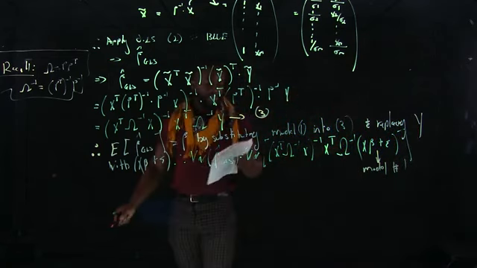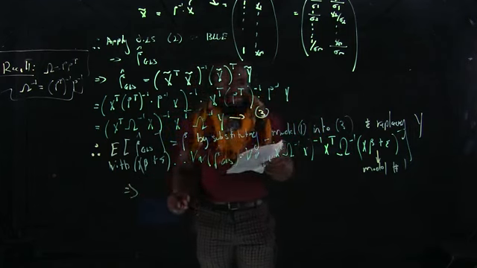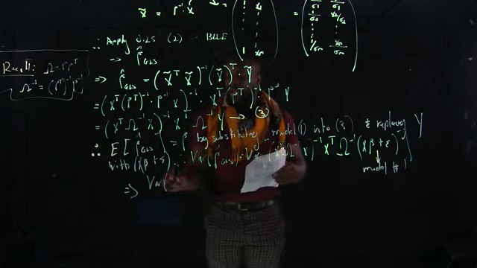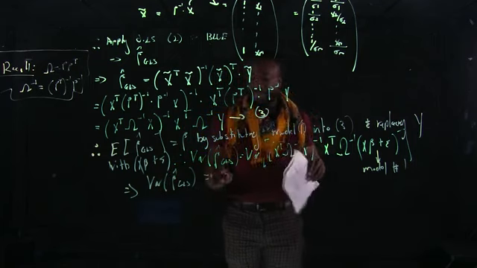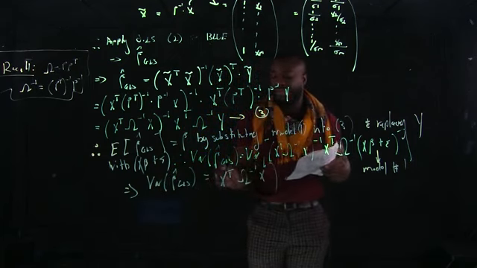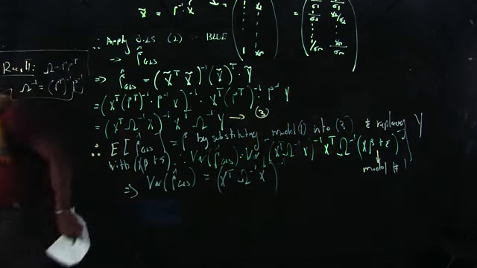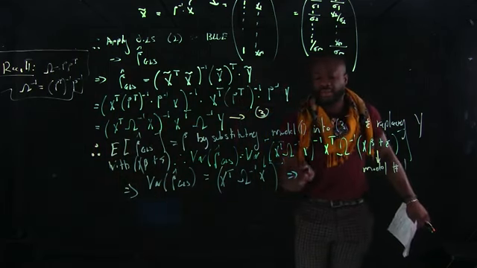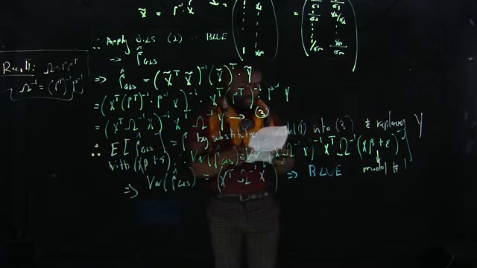Doing some algebra, we end up with the variance of beta hat GLS equal to x transpose omega inverse x inverse. Now we can say this is BLUE, our best linear unbiased estimator.